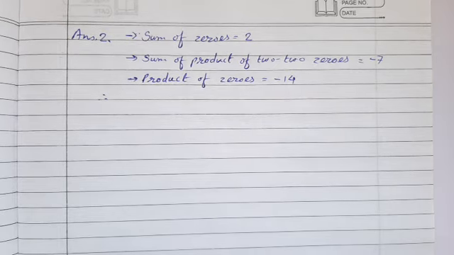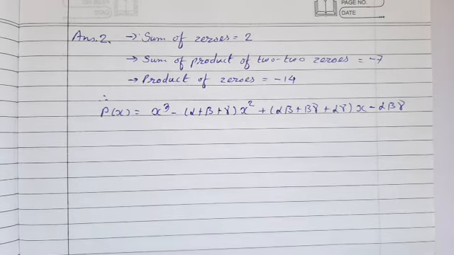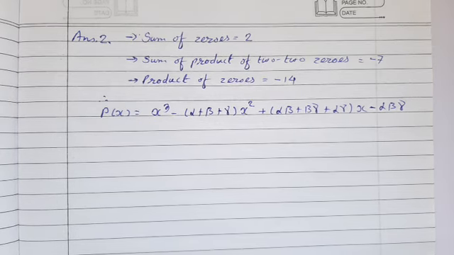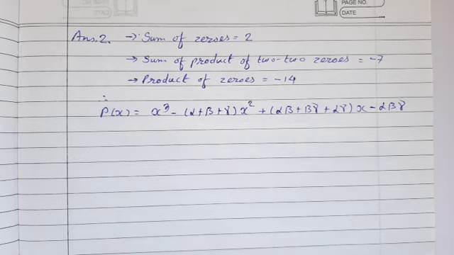The cubic polynomial which has sum of zeros alpha plus beta plus gamma, sum of product of two zeros alpha into beta plus beta into gamma plus alpha into gamma, and product of all three zeros alpha into beta into gamma, has this formula.